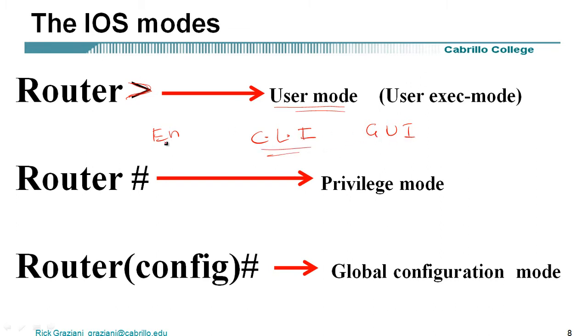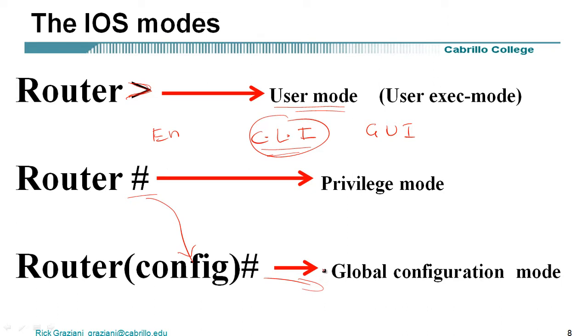But for us in Cisco, we need to get used to it, we use the CLI to configure these devices. So when you go to privilege mode, here you have quite some rights, because if somebody gets to that mode, there is nothing to prevent them from going to the global configuration mode, where they can do some real damage on the device.